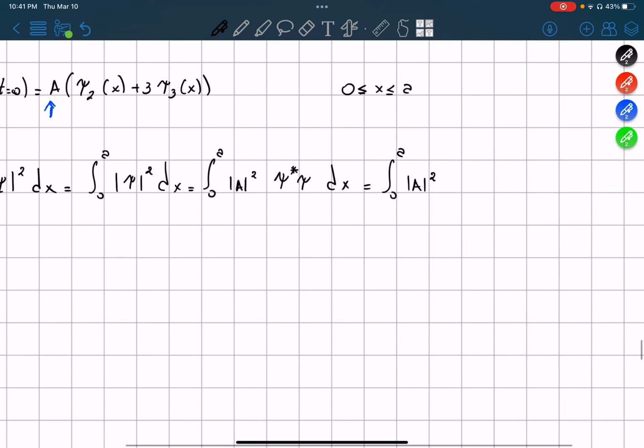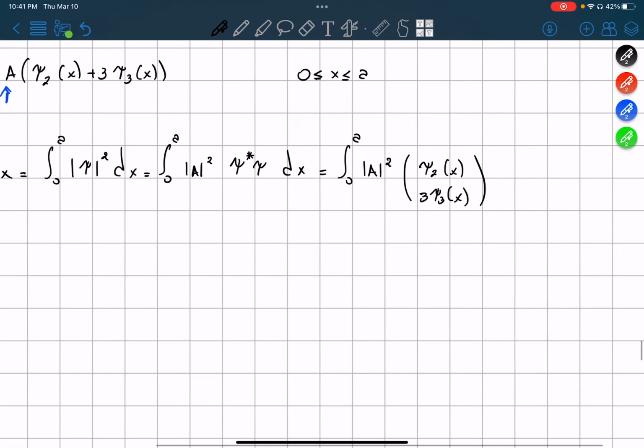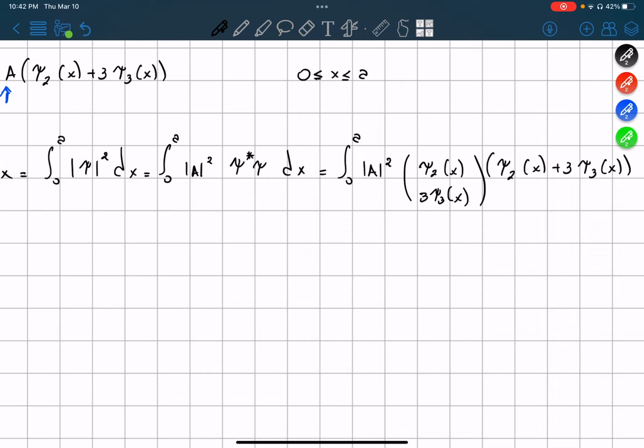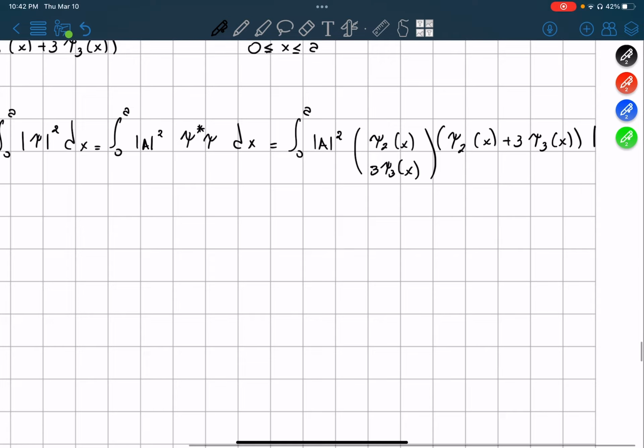I'm going to write it in the correct way: psi 2 in terms of x, and then 3 psi 3 in terms of x, and this, remember, is one column, two rows, times our initial function, which is equal to this, dx, of course.